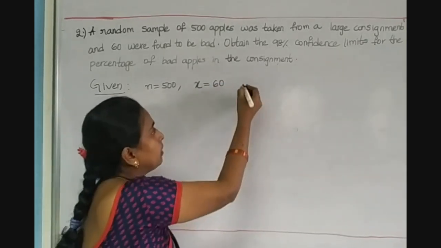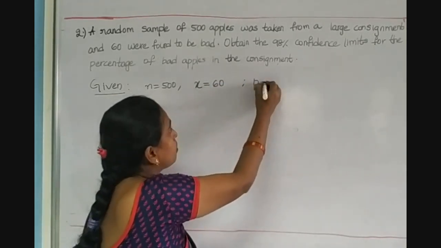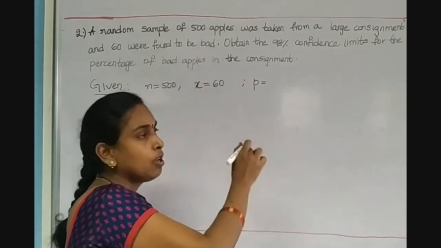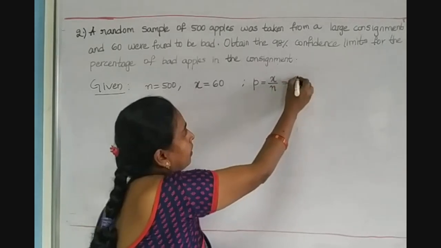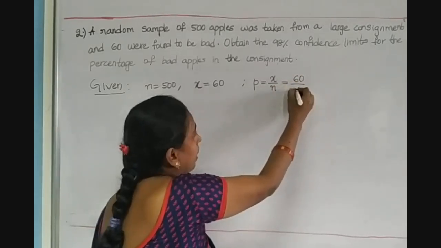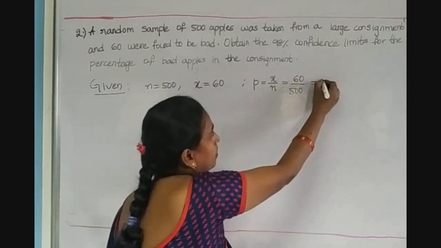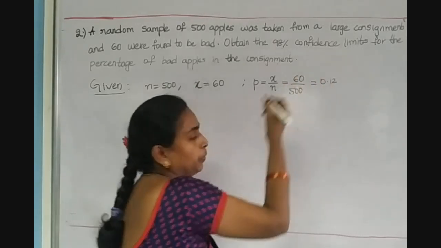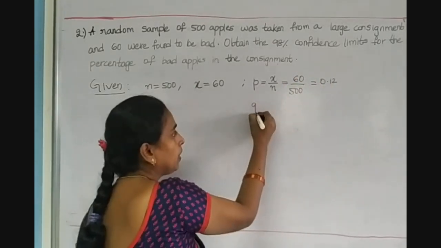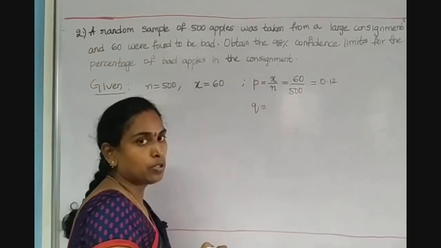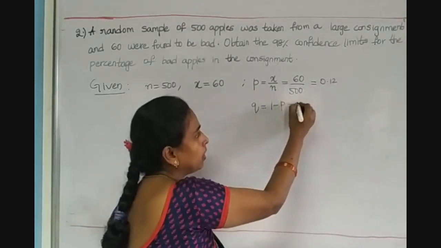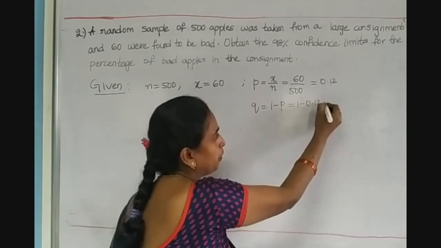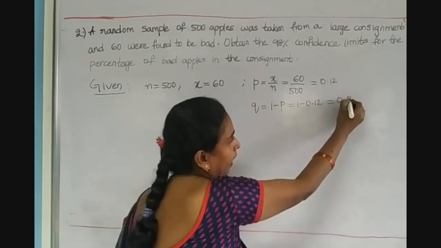Based on this, we can find the proportion of bad apples, which is p equal to x by n, that is 60 by 500, which is 0.12. From this we can estimate the proportion of good apples, that is q equal to 1 minus p, that is 1 minus 0.12, that is 0.88.